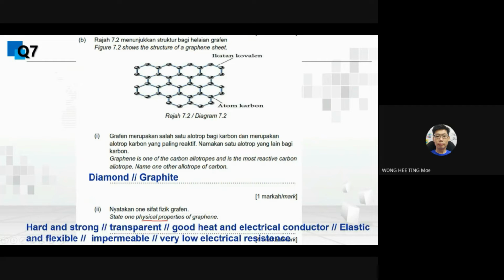Okay, good heat and electrical conductivity, elastic and flexible, impermeable, very low electrical resistance. Okay, any one. Okay. One atom thick, we cannot see. Physical property is something we can see, we can observe. Okay.